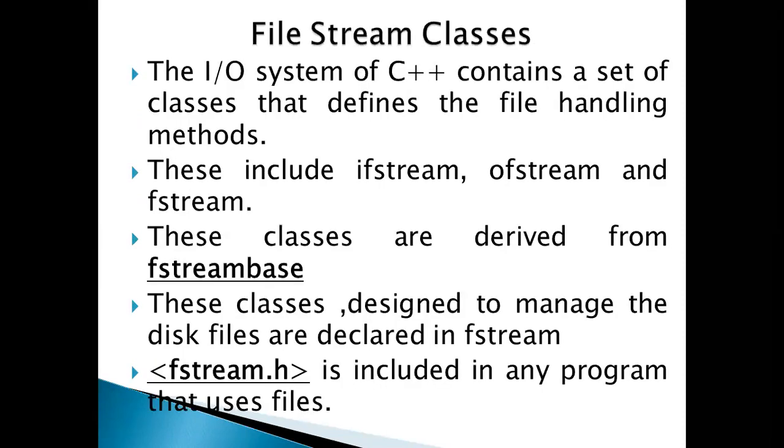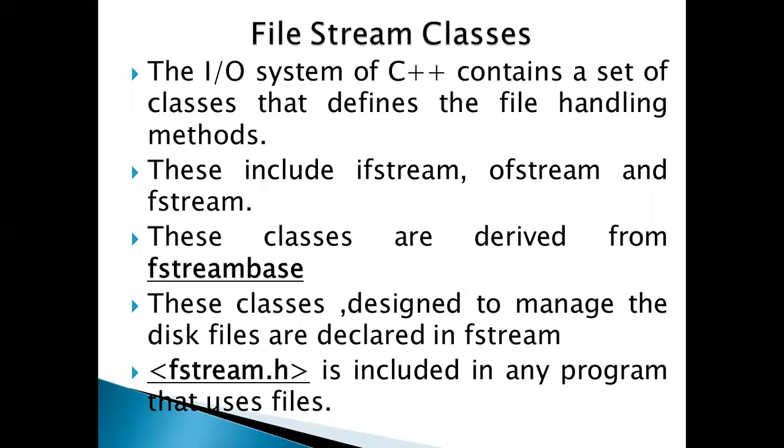Now, these are the following file stream classes in C++. ifstream is there, ofstream is there, and fstream is there. Three file stream classes are there. ifstream stands for input file stream, ofstream stands for output file stream, and fstream stands for both.